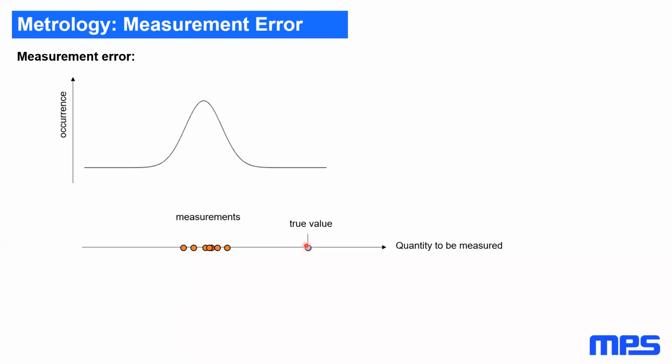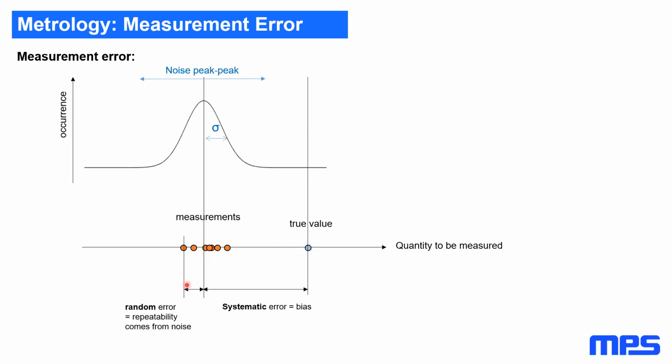This part, the difference between here and the mean, is our systematic error that we talked about, usually INL. But this spread, these various points, that's due to noise. That's our noise error. So systematic error is essentially bias, and our peak-to-peak noise is our random error.